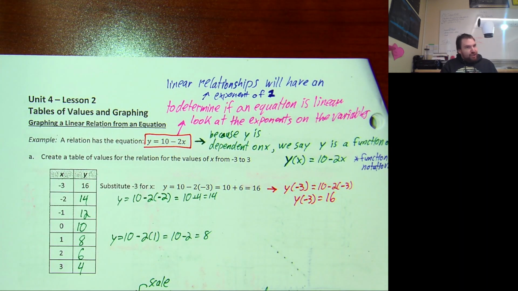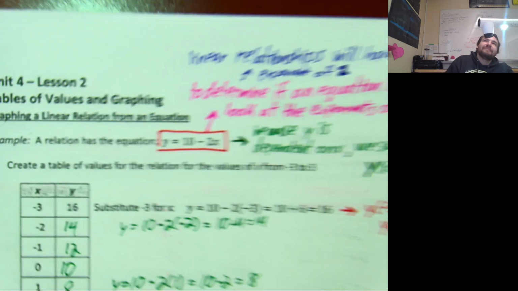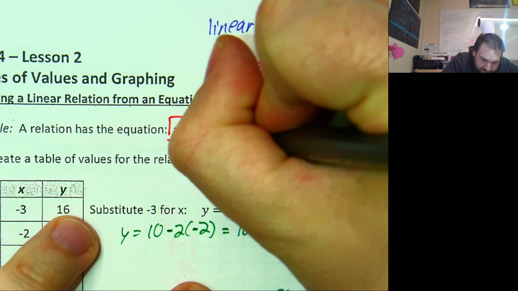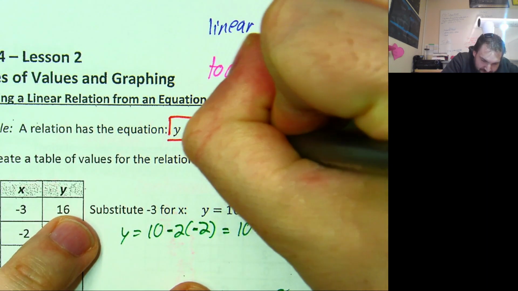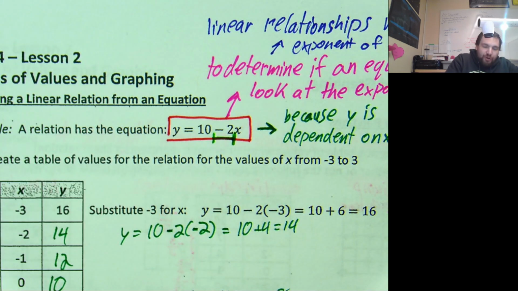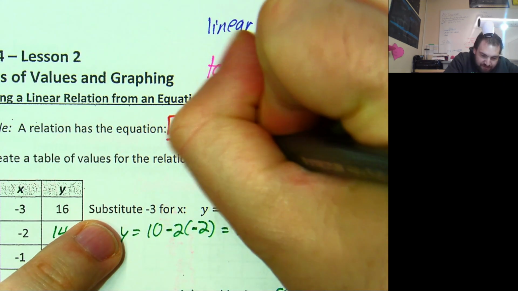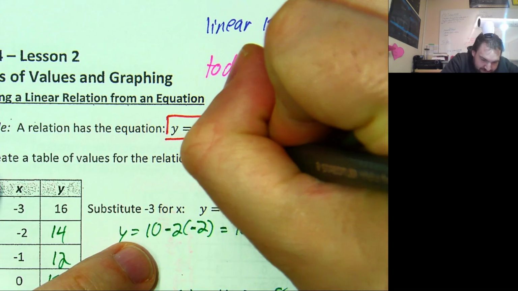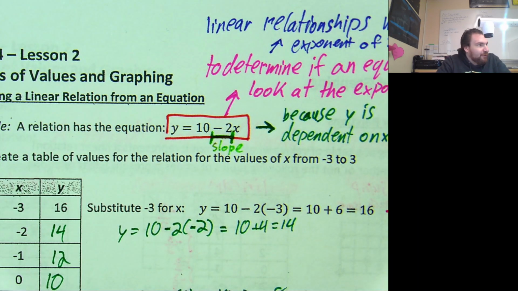Does negative 2 show up anywhere else? Yeah. This thing right here, the number being multiplied in front of my x, that is the slope. That number is the ratio of change in y over change in x.